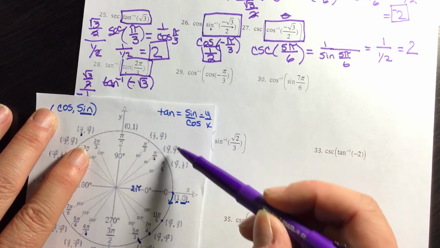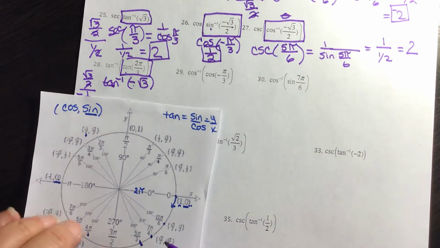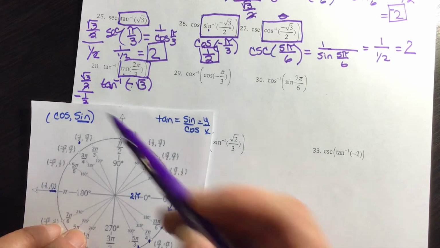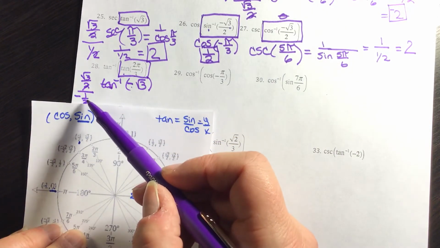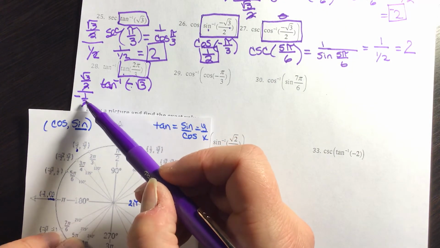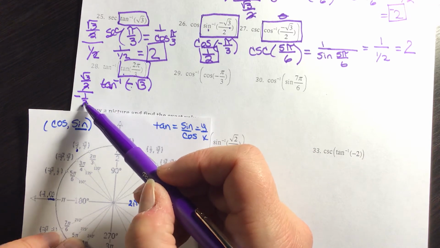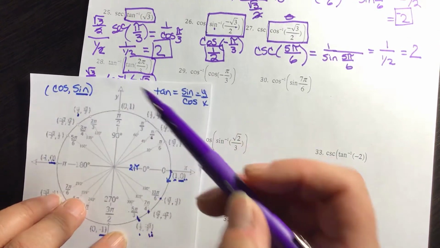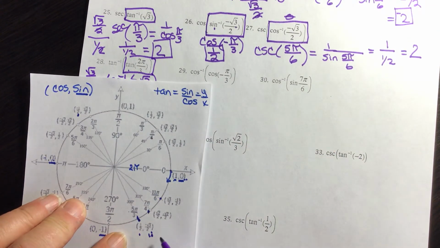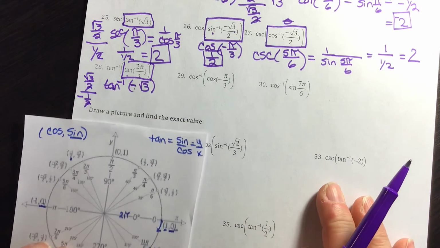I need a negative, so that's going to be in quadrant 4. Again, I want my square root of 3/2 divided by a 1/2. I'm looking for those values, and that's this angle, which is 5pi/3.